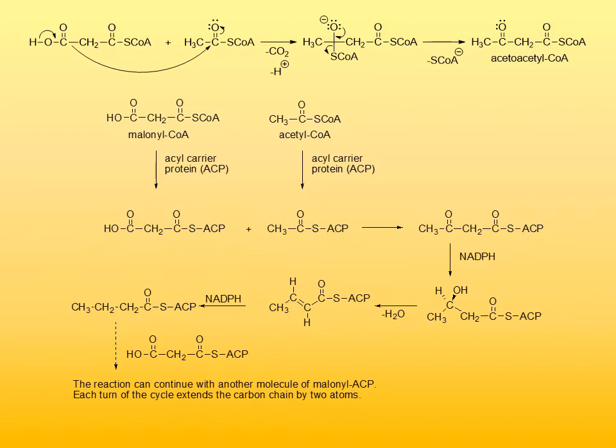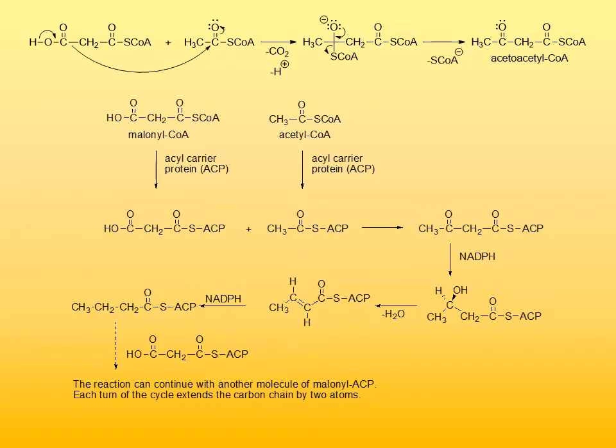This is shown here. Malonyl coenzyme A and acetyl coenzyme A are transferred to acyl carrier proteins, and in Claisen condensation they give acetoacetyl acyl carrier protein. In the next step, NADPH reduction of acetoacetyl acyl carrier protein gives the corresponding beta hydroxy ester.